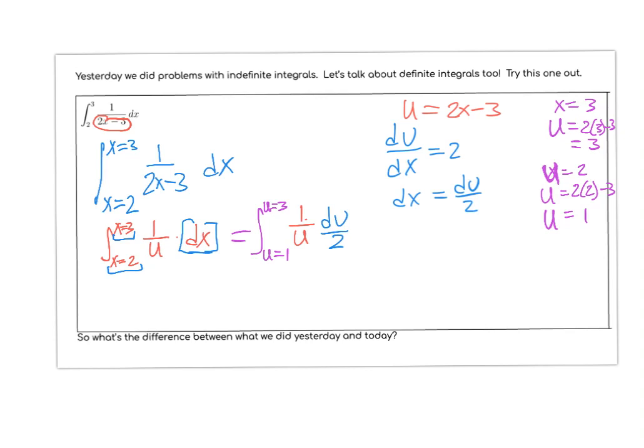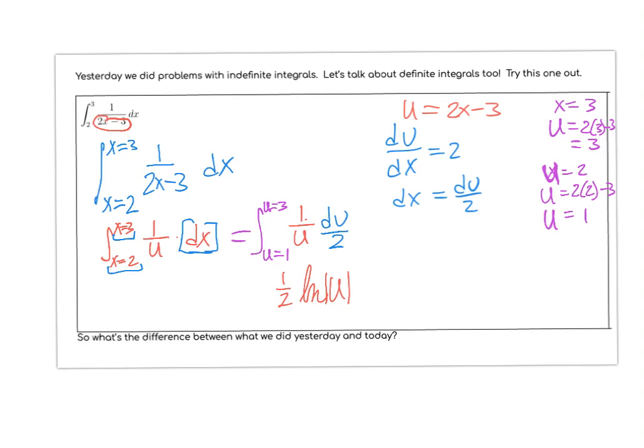Hopefully I realized that 1 over u is the derivative of natural log of stuff. So this is going to be 1/2 natural log of u. And we should do this with absolute value marks because we have to keep the domain of natural log something that works. In this case, we've got 3 and 1. Neither of those are negative.